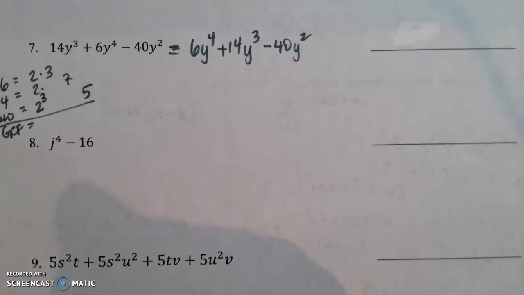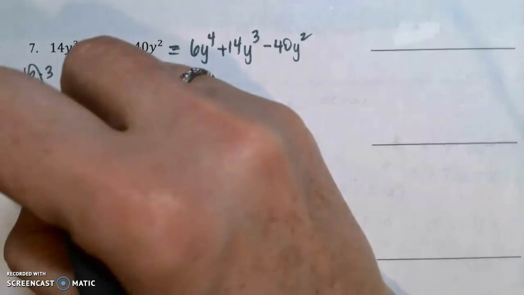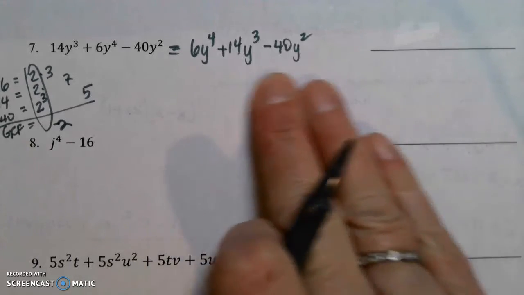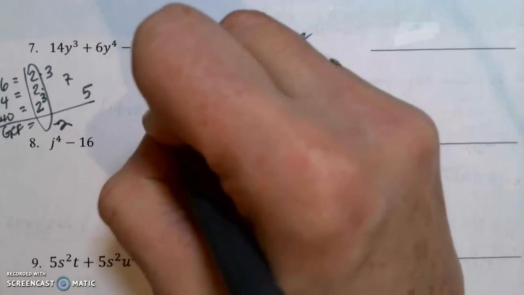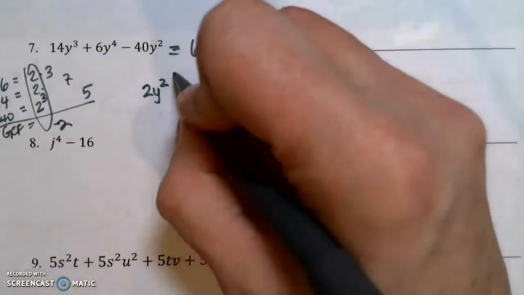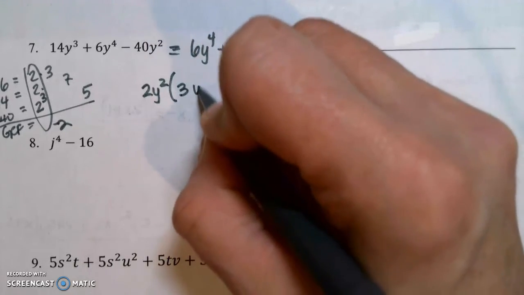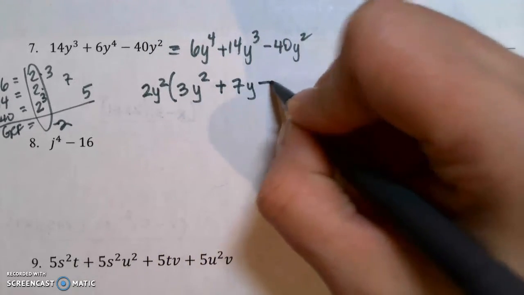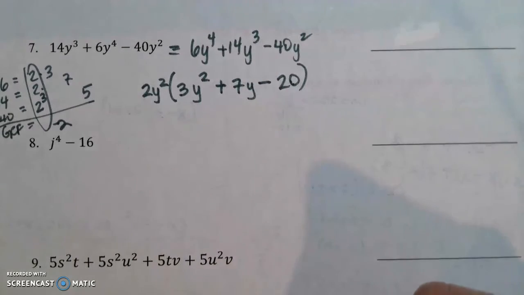So we're only going to grab from a full column, and I'll take the lowest exponent of that full column. So yeah, 2 is the greatest common factor for the number part. Don't forget to also pull out the y squared. So leaving behind a 3y squared plus 7y minus 20.